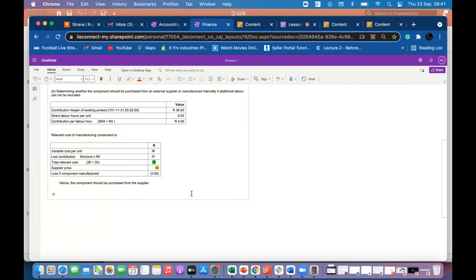Yeah, okay, so then that third bit, it says, assuming additional labor cannot be recruited, okay, so we have a limiting factor here: additional labor cannot be recruited, and any labor released will be employed to increase production of an existing product with a selling price of 101 Rand per unit and the following budgeted manufacturing costs. Okay.